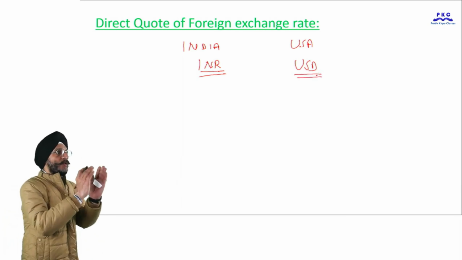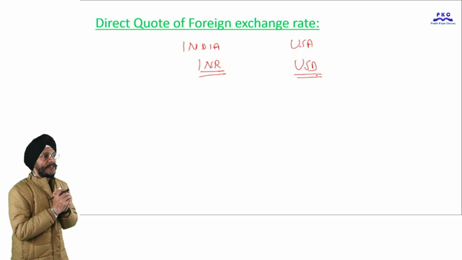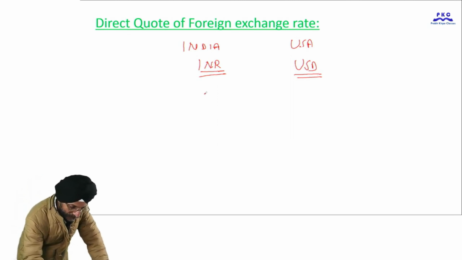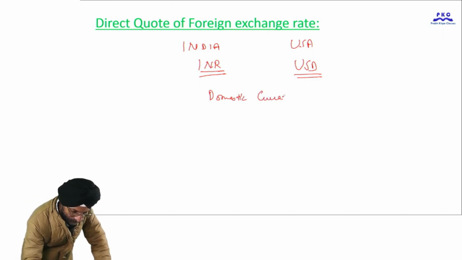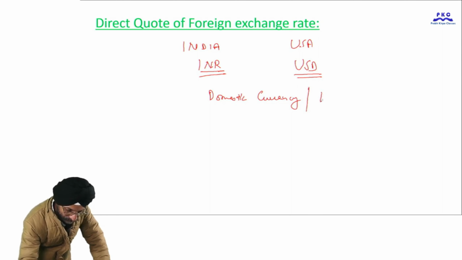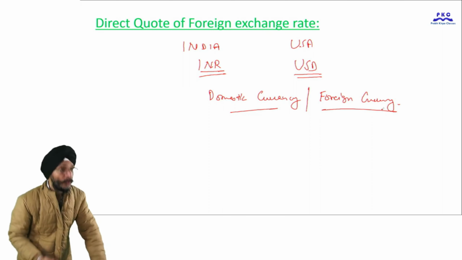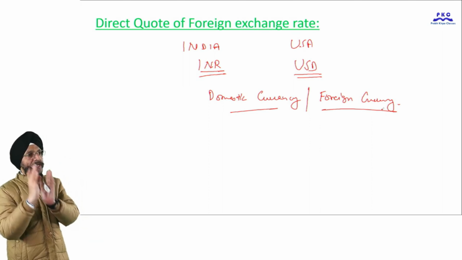So in the case of direct quote of foreign exchange rate, direct quote comes as domestic currency over foreign currency. Domestic currency divided by foreign currency.